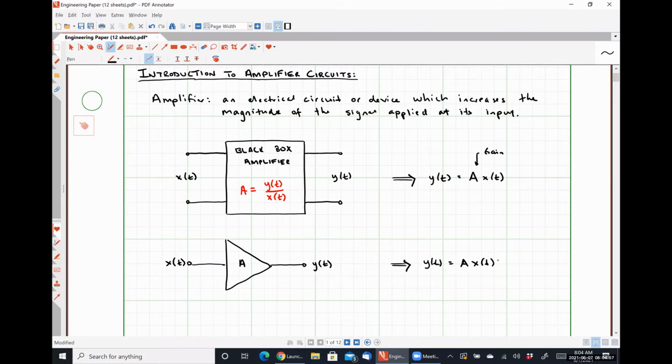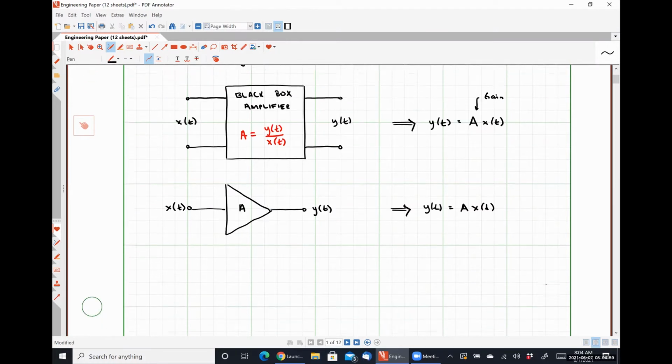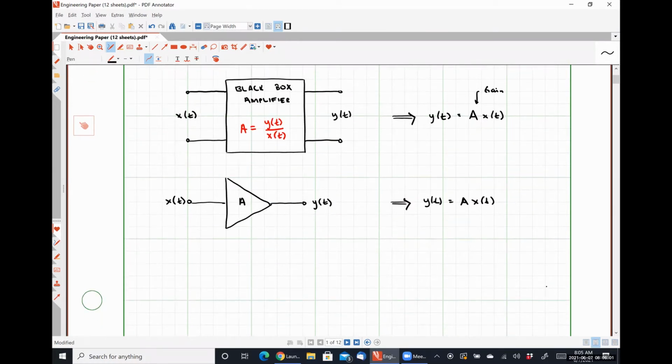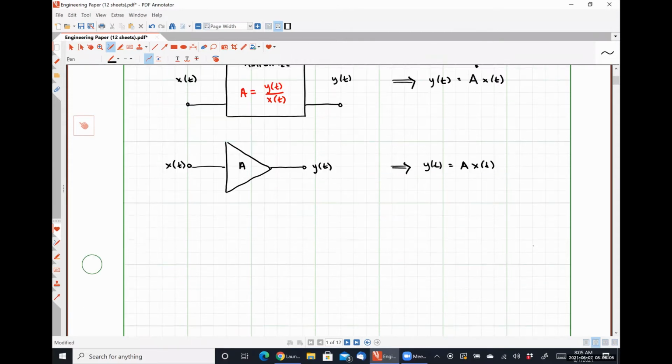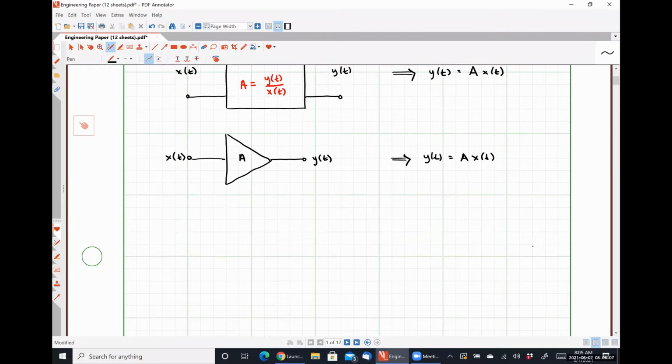So there are several different types of amplifiers that we can describe by such a simple model, actually. And so let's talk about them very briefly by creating a table.